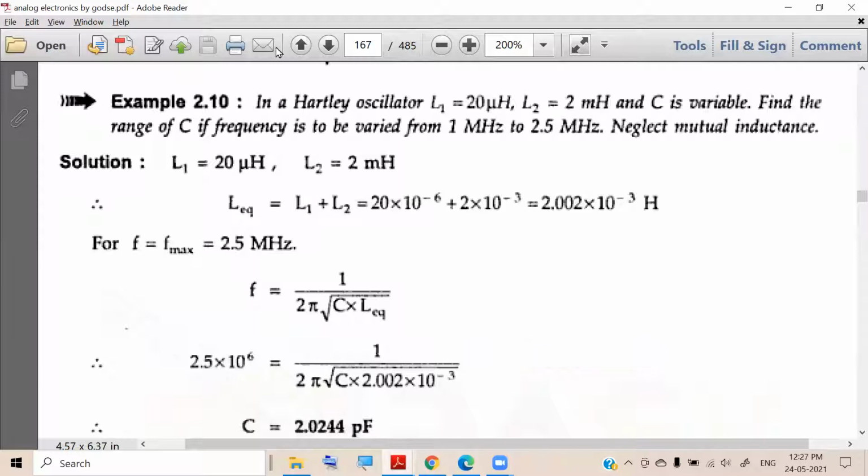Everybody getting the same answer? Are you all getting 2.008 picofarad? Please answer. Fast, please. Students, all of you getting C value 2.008 picofarad, yes or no?